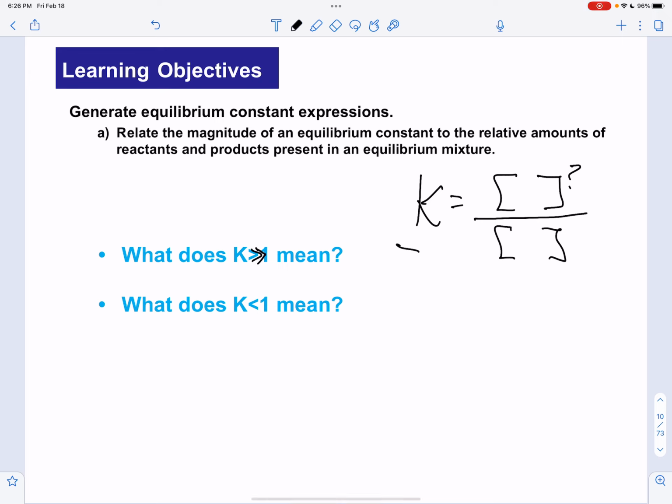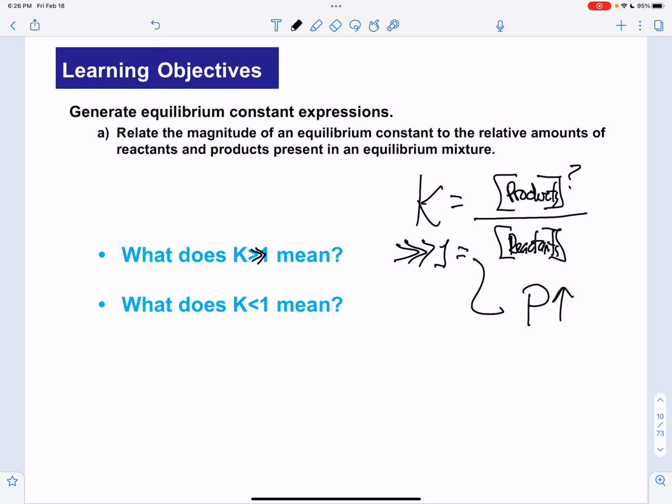If this is bigger than 1, then that means the product is the bigger one. For that to be bigger than 1, the numerator has to be the biggest one. And what is the numerator? Like I said before, it's always products over reactants. So if you get an equilibrium constant bigger than 1, that means the products predominate. The numerator is the bigger number.